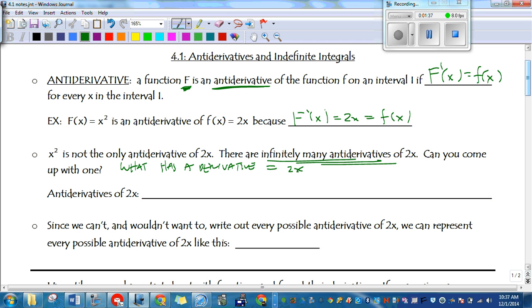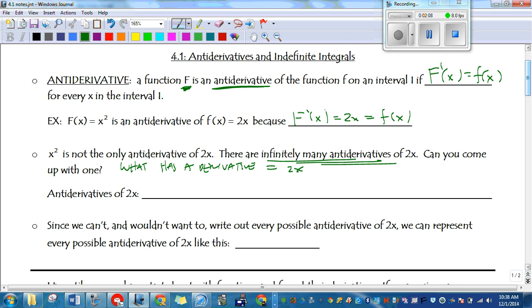Anybody come up with another expression that has a derivative equal to 2x? Guesses? Don't be shy. It's okay if you're wrong. Knock the dust off of those brains from Thanksgiving break. What else has a derivative that's equal to 2x?